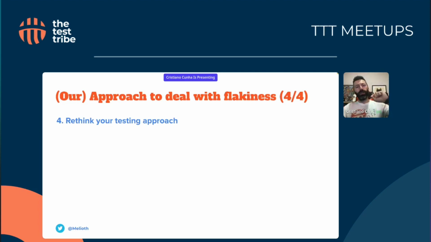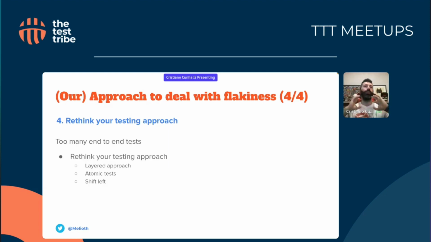And the hardest thing to do is review your testing approach. Because if you have too many tests, you need to cut that down and have a layered approach. Try to add unit tests, try to add component tests, try to build up confidence in each one of the microservices in order to have only one or two UI or web validations on the top.